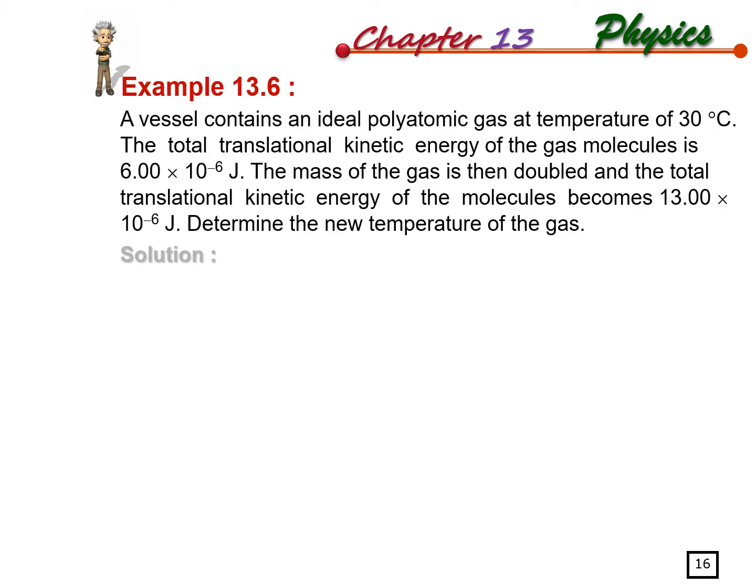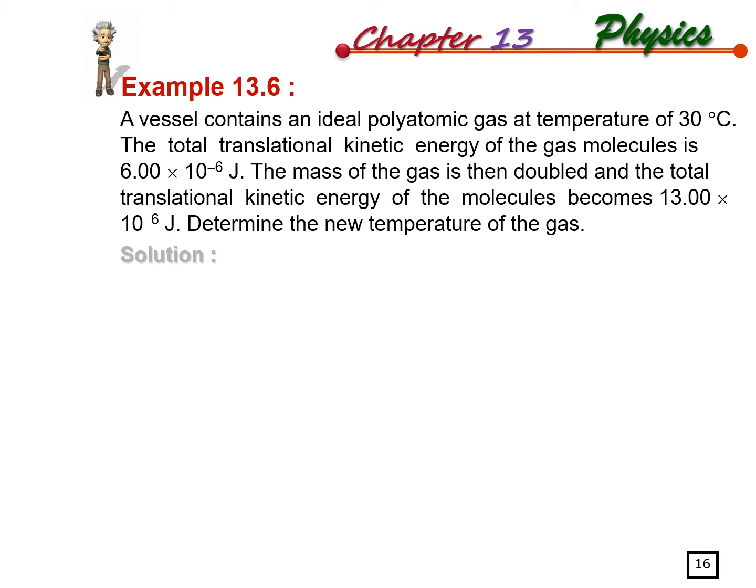Now let us look into example 13.6. A vessel contains an ideal polyatomic gas at a temperature of 30 degrees Celsius. The total translational kinetic energy of the gas molecules is given as 6.00 times 10 to the power of negative 6 joule. The mass of the gas is then doubled, and the total translational kinetic energy of the molecules becomes 13 times 10 to the power of negative 6 joule.